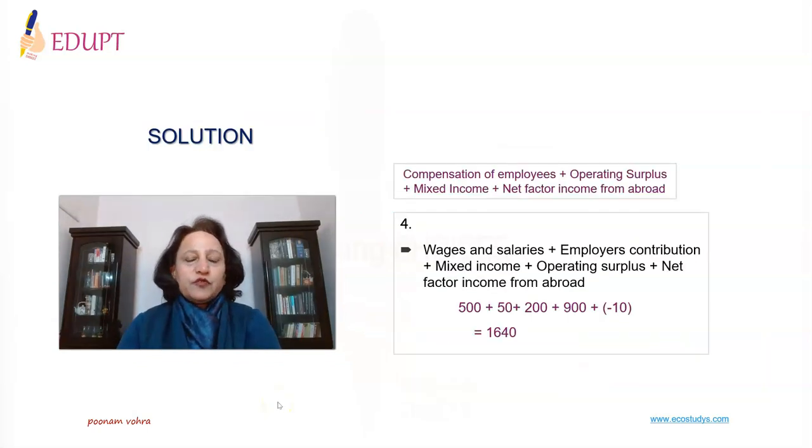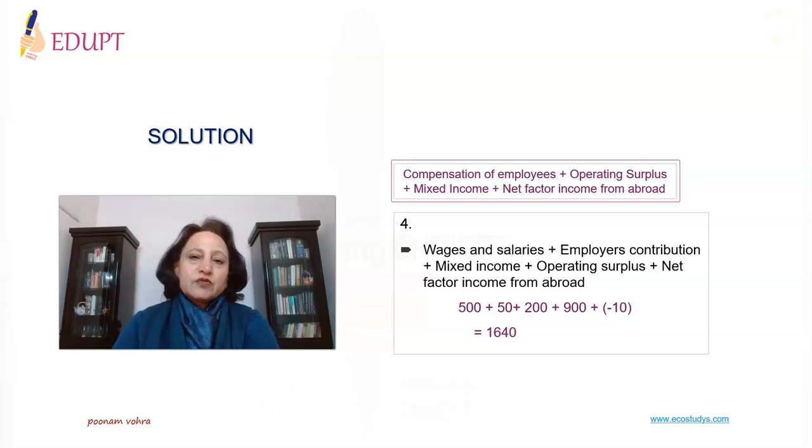The formula to find national income by income method comprises NDP at factor cost, which is a combination of compensation of employees plus operating surplus plus mixed income, plus net factor income earned from abroad. One needs to substitute the numerical values to get the answer. It's simple.